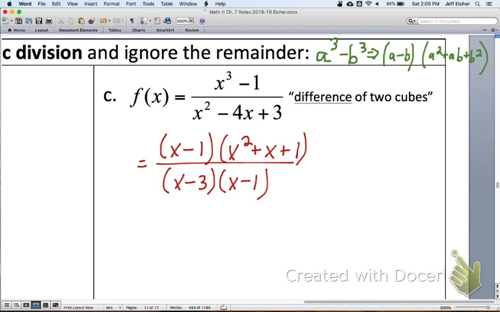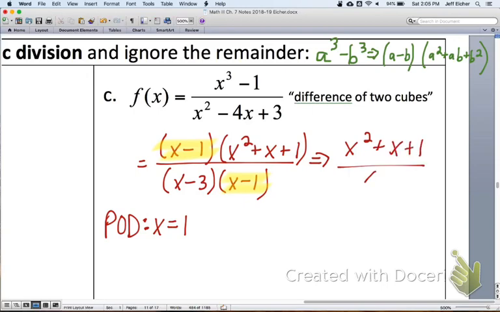Notice we have a candidate for a point of discontinuity right here. So we would have a point of discontinuity at x equals 1, since we can divide out that x minus 1 factor. However, once we've divided it out, we have x squared plus x plus 1 divided by x minus 3.